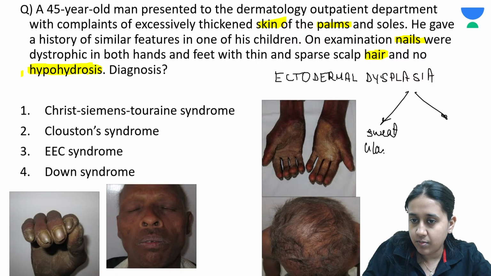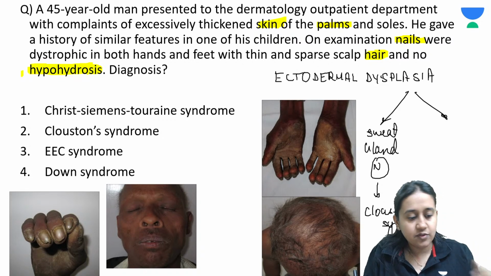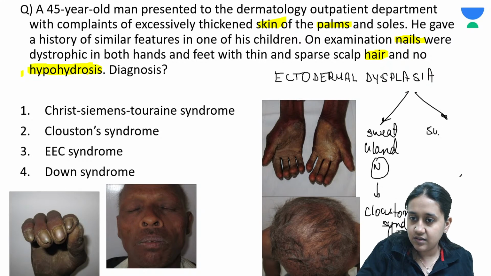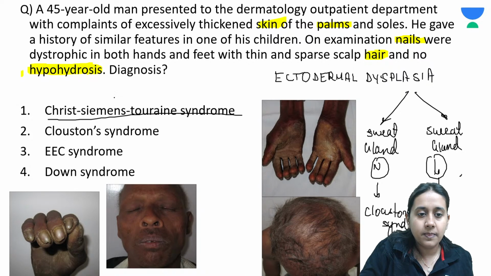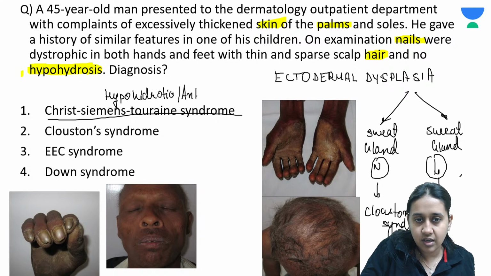If sweat glands are normal, it is known as Clouston syndrome, and if sweat gland function is reduced, it is Christ-Siemens-Touraine syndrome, also known as hypohidrotic or anhidrotic ectodermal dysplasia.